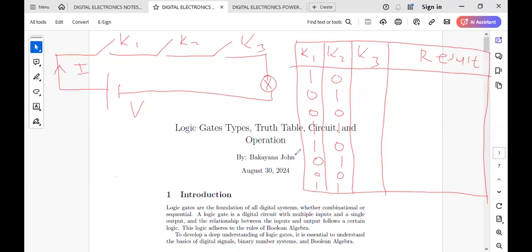Now we treat these 2 as AND, K1 and K2. If they are AND, we can have another one as 1, 0, 1, 0, 1, 0. No, I think it's the other way around. 0, 1, 0, 1, 0, 1, 0, 1.